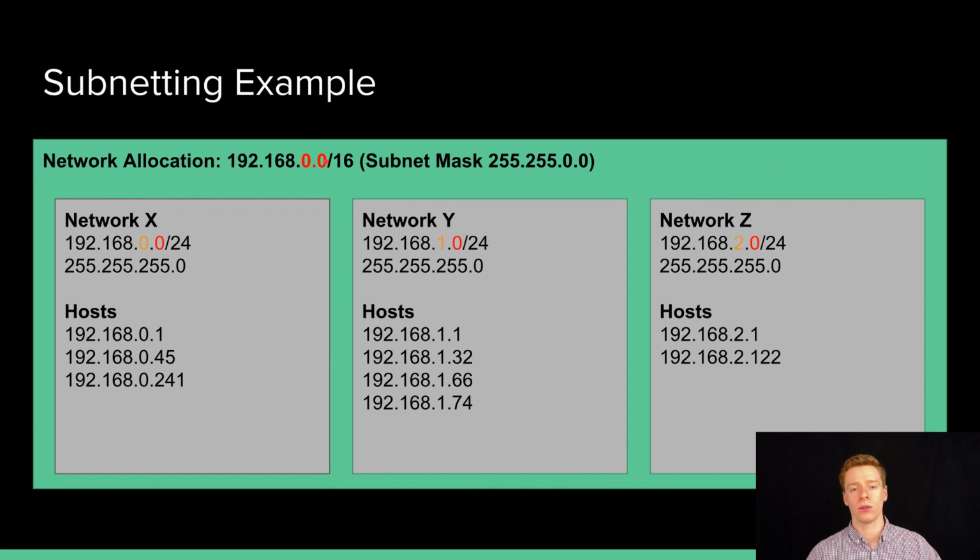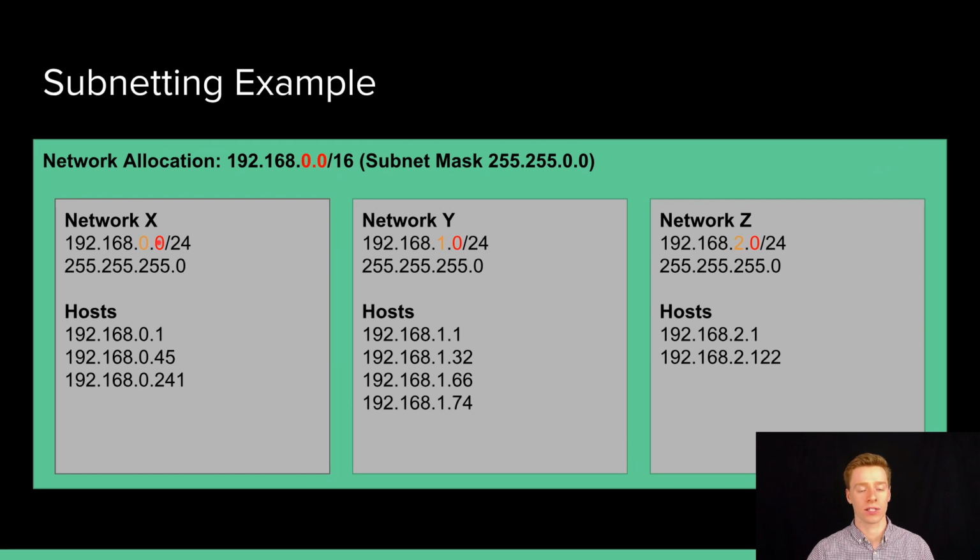But what we can do with subnetting is assign part of that host address to our subnet address, and that's exactly what we're doing here. So we can say that this is our /16, and then inside of our 16, we're not just going to put hosts in, we're going to put networks in there. And we're going to assign this octet to a network ID, so 0.